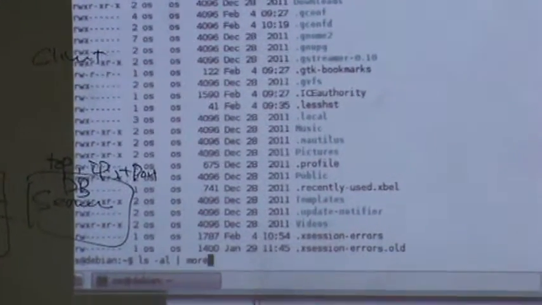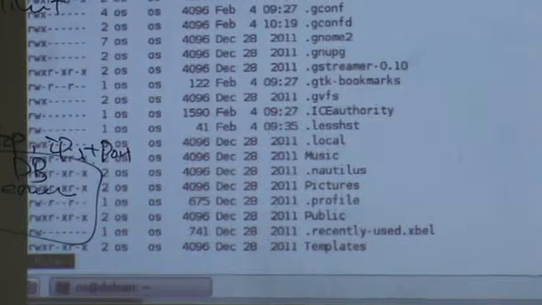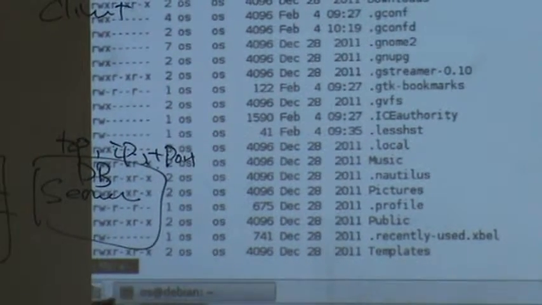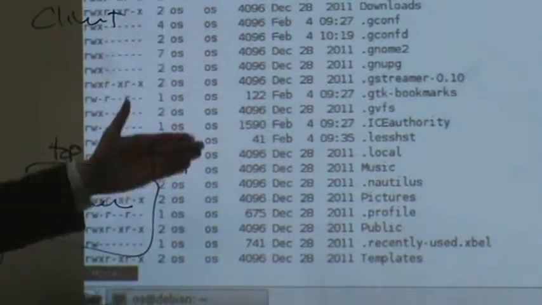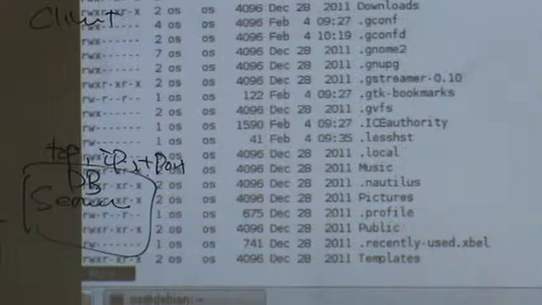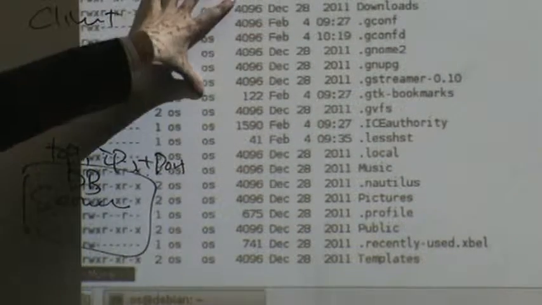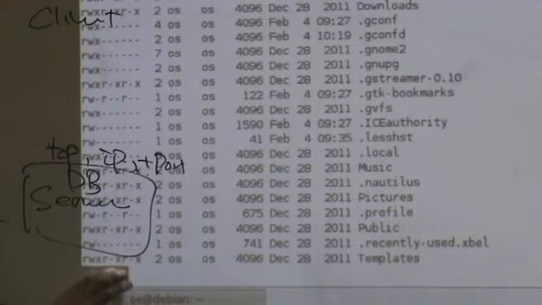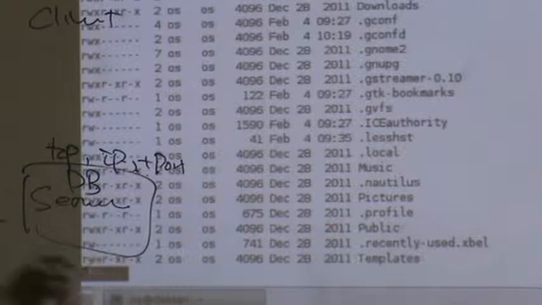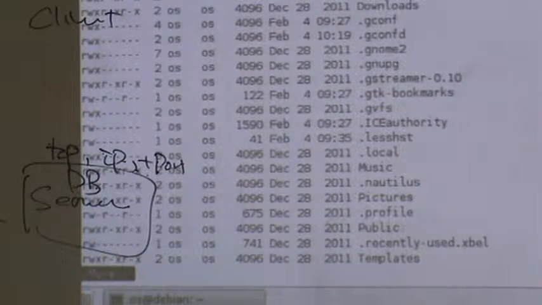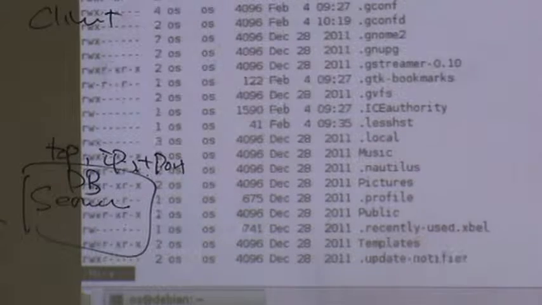Then, for example, if I type ls -a, it's too many and scrolls up, so I cannot see it. So why don't you use pipe and more, then you can see the more command is executing after this one. At the same time, it sends the output of the first command to the second command, the second process. So two processes can communicate using the pipe.